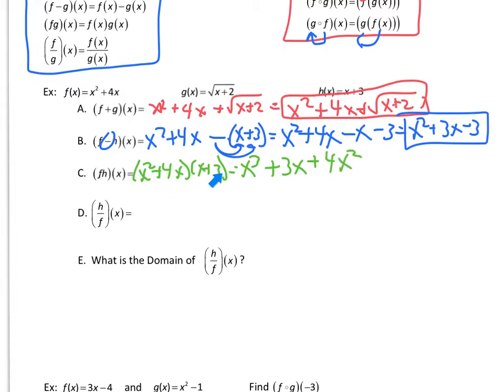And then 4x times 3 gives me 12x. So when I combine all of my like terms, that gives me x cubed plus 7x squared plus 12x.